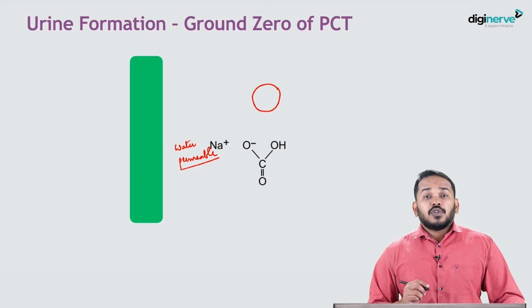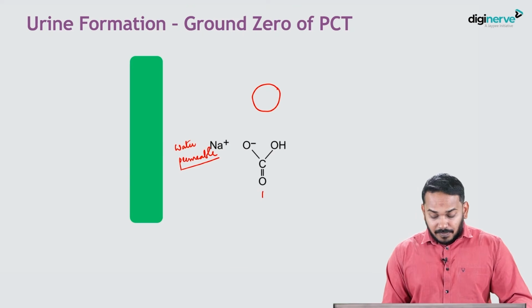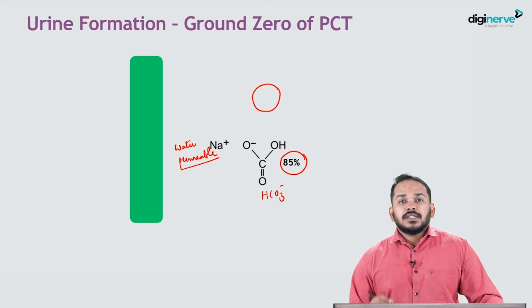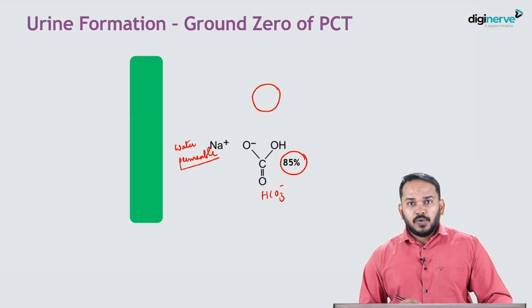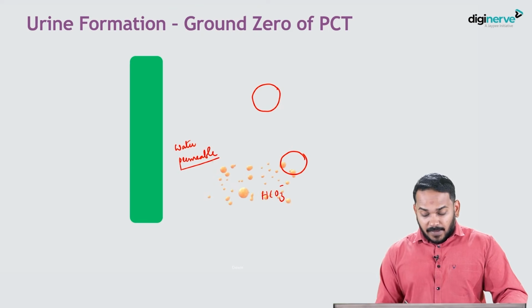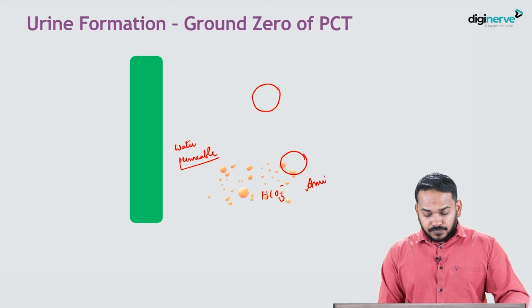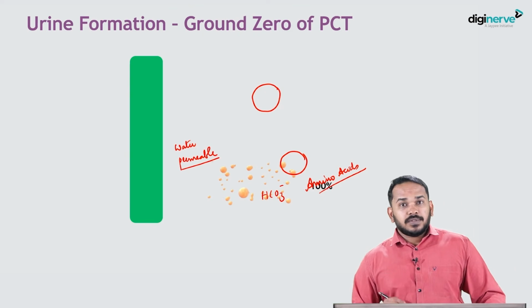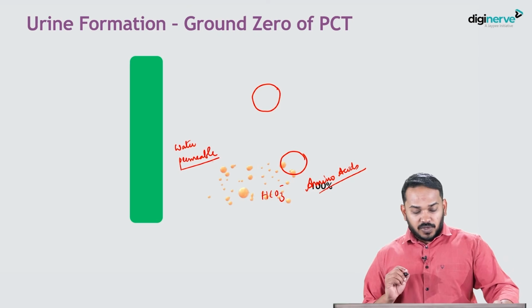In the proximal convoluted tubule, there is also absorption of bicarbonate ions, and 85% of the bicarbonate reabsorption takes place here. It also reabsorbs amino acids, and 100% of the amino acid reabsorption takes place in the proximal convoluted tubule.